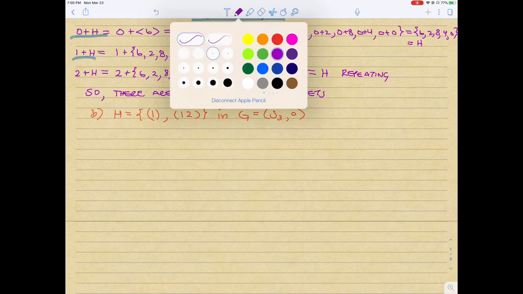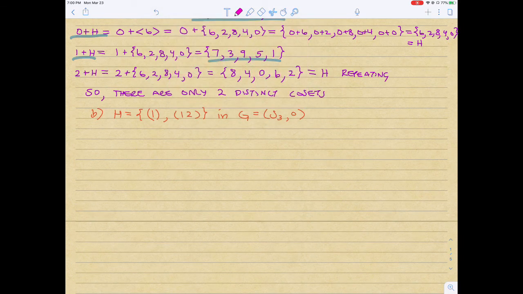So in part B, we're in S3 now. Okay, so let's recall. And I'm going to make a tiny bit of adjustment here. Let's call that E, which is the identity.